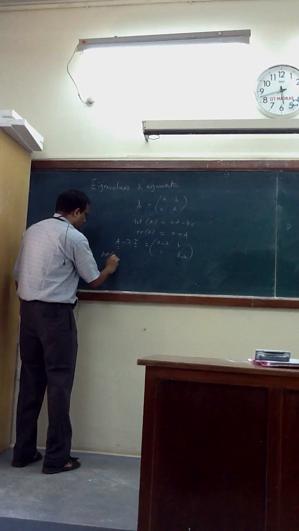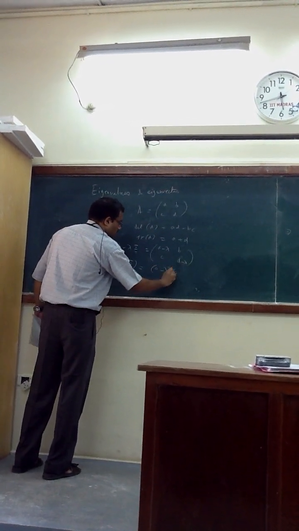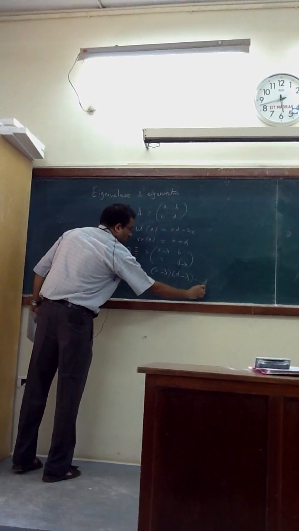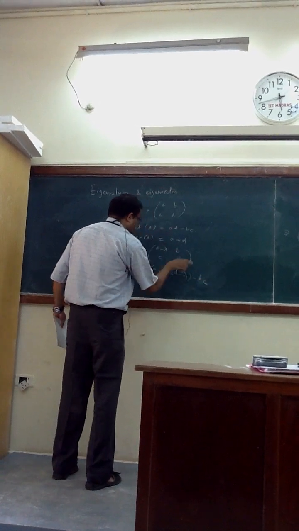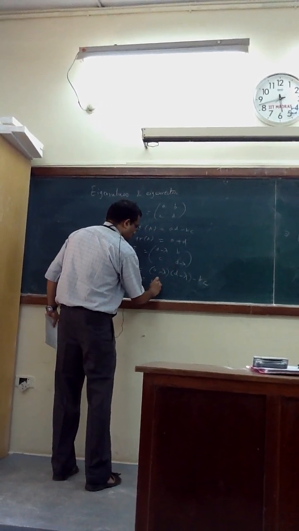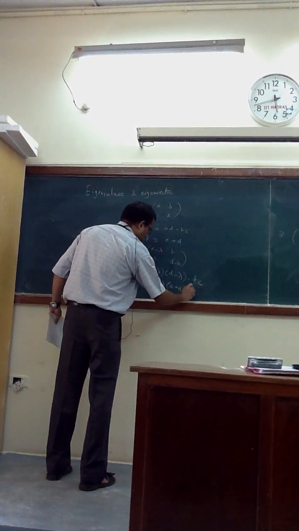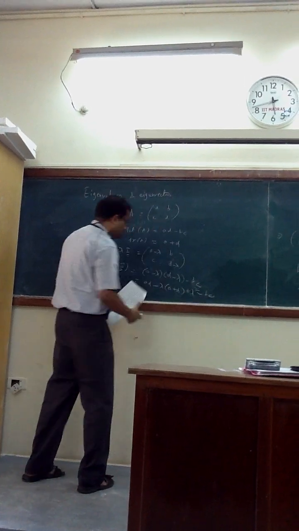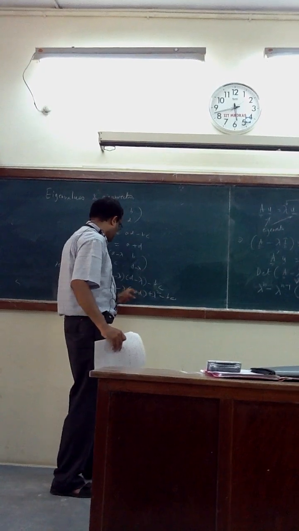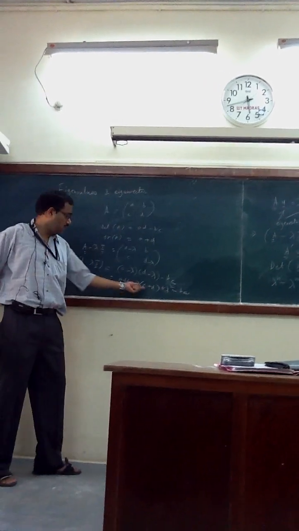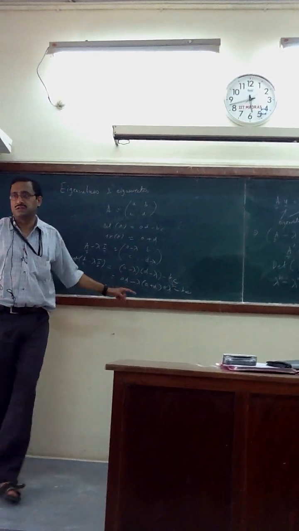So the determinant of A minus lambda I is A minus lambda times D minus lambda, minus BC. So it is lambda square minus (A plus D) lambda plus AD minus BC. So you get lambda square, then the next term has the trace, and the last constant term is AD minus BC, which is the determinant.